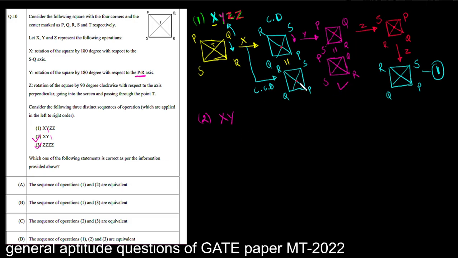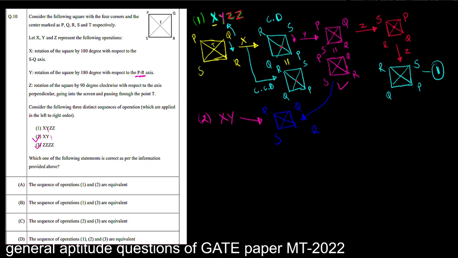So we can directly paste this figure here, because the output of this XY operation is nothing but this one, as we have already applied these two operations while finding the output of the first sequence. So we can simply copy-paste the outcome to save our time. Here our figure will look like this: P, Q, R, S. I have copied this figure here.